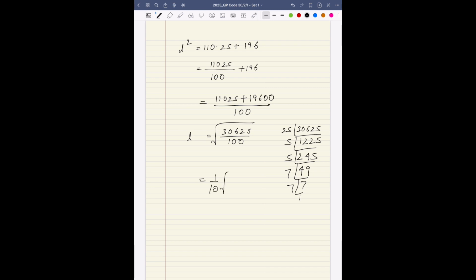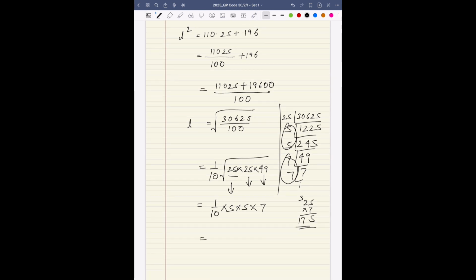Take the 100 out, so it will become 1 by 10. You write 25 into 49. Correct? What do you get outside? Now 25 will come out as 5, and 49 will come out as 7. 5 into 7 gives you nothing but 175.